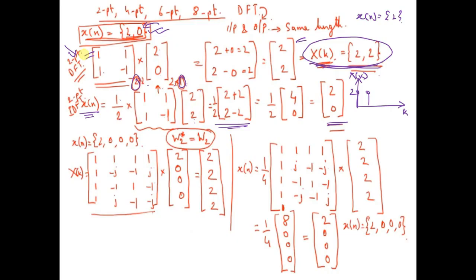Okay, now if we want to find the inverse of this DFT using the 4-point DFT, I have applied the same method. Now if you see, Xk is 2 2 2 2. So if I have to plot it as a 4-point, it will be something like this.